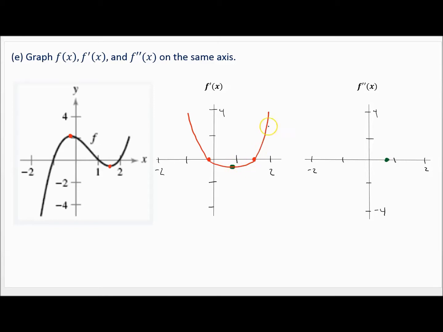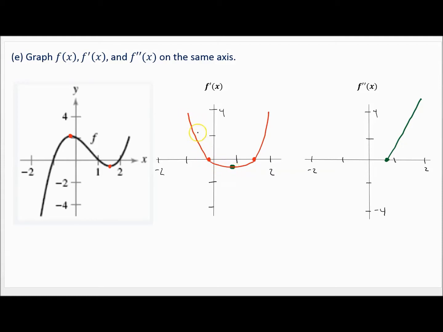Now, on the right side, that's an increasing graph. The slope gets steeper and steeper, so it gets higher and higher, but it's increasing, which means the derivative of increasing is a positive number. So over to the right, it's got to be positive. But on the left side, my slopes all along here are decreasing.